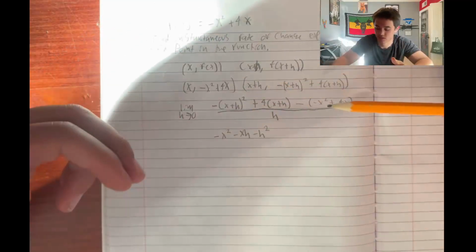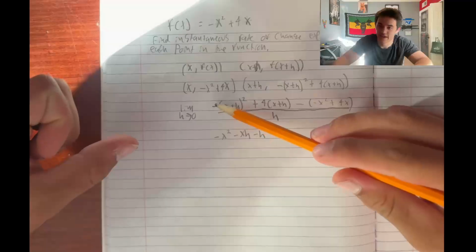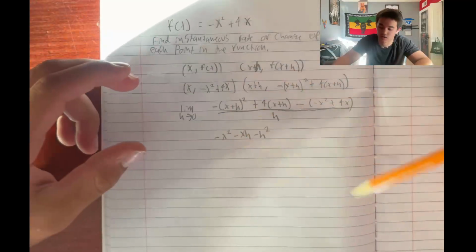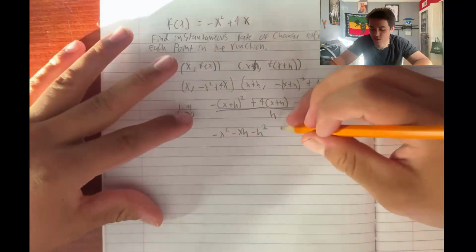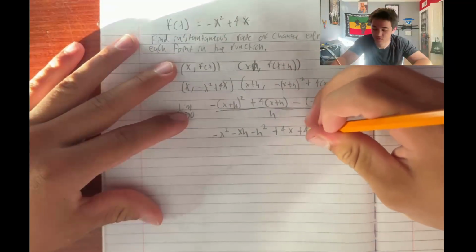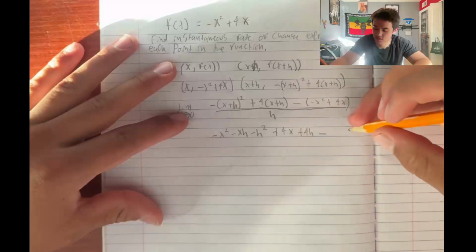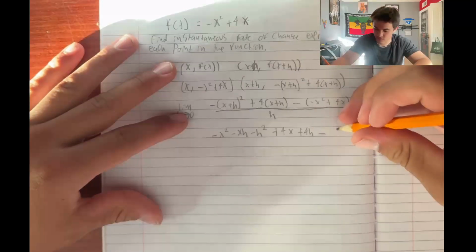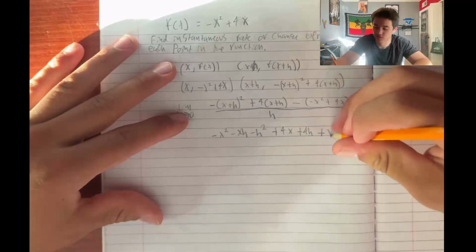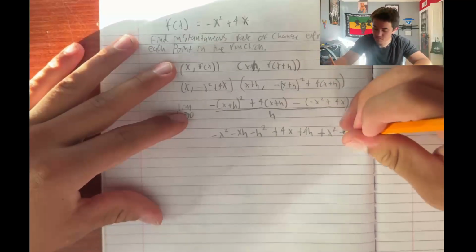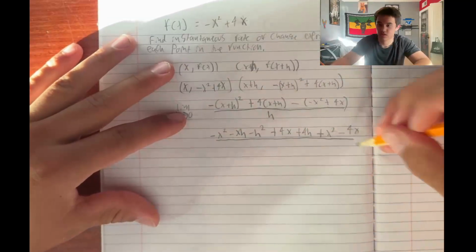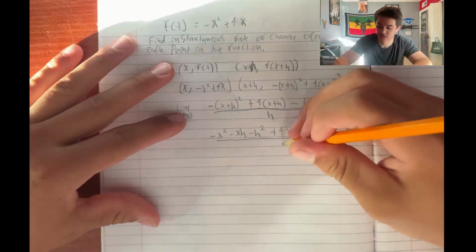It's just x plus h times x plus h, and then I applied the negative to all of them because there's a negative in front. Plus 4x plus 4h minus, and then we spread the minus through these, so it's plus x squared minus 4x. That's a disgusting looking function right there, I'll tell you what.